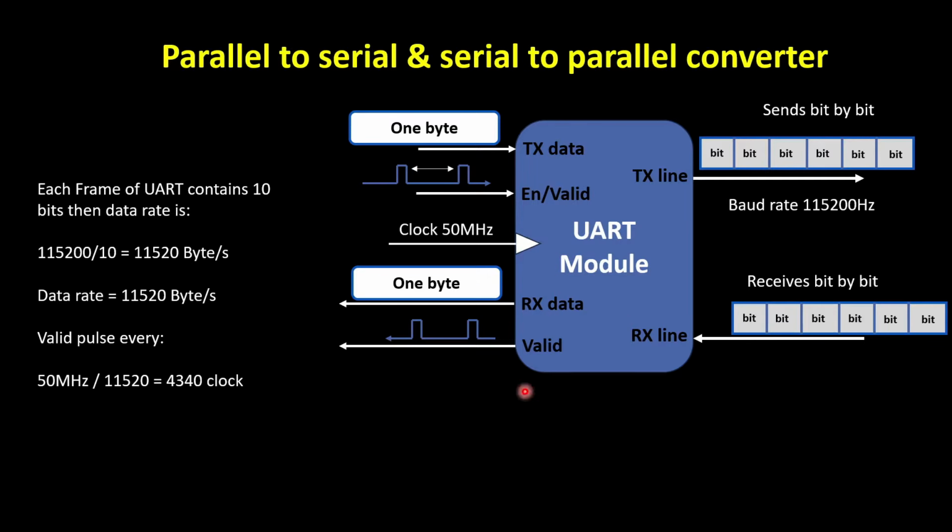In the same manner, when the receiver section receives a byte of data, it will put the byte of data on the RX data port, and it will assert a valid line for 1 clock. So again, the distance between two valid pulses from the RX data is approximately equal to 4340 clocks, and we will see that in our practical implementation in Vivado with the help of the ILA.